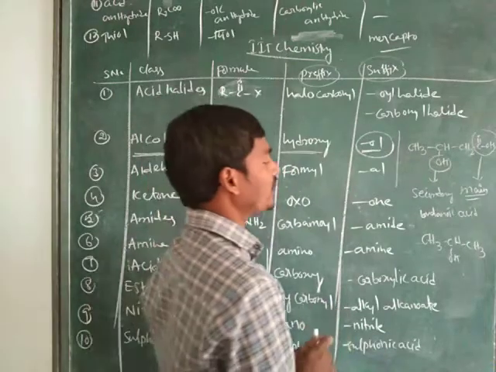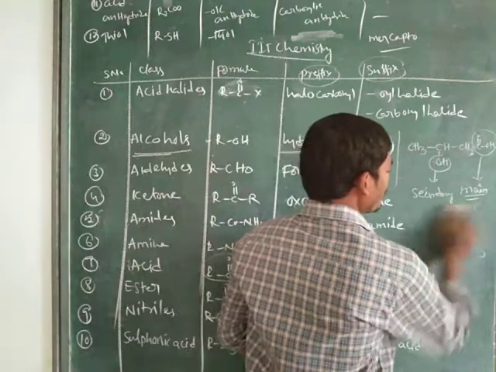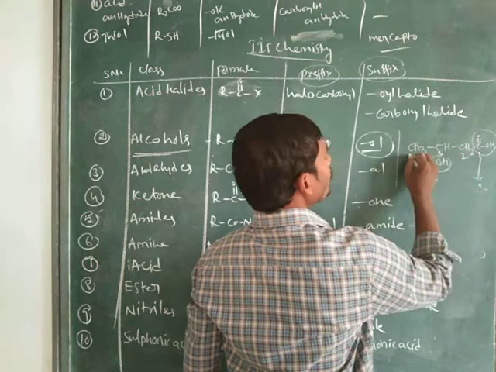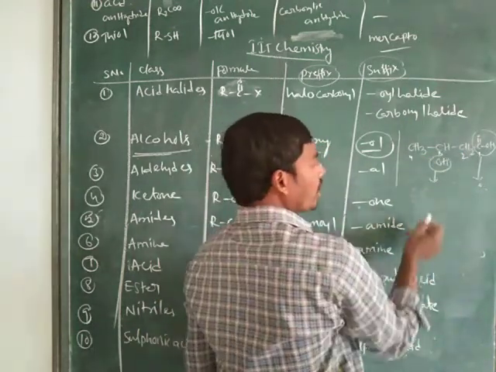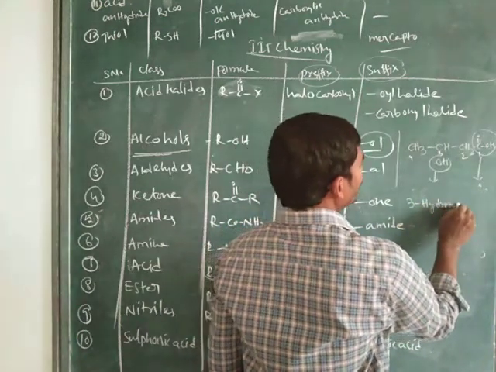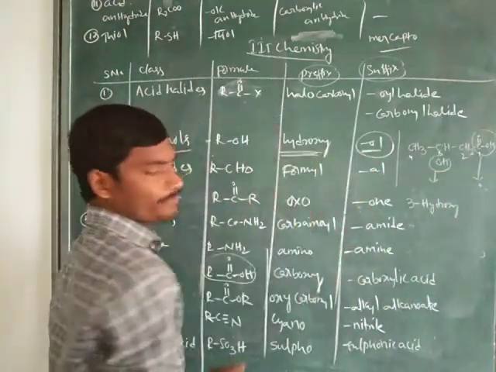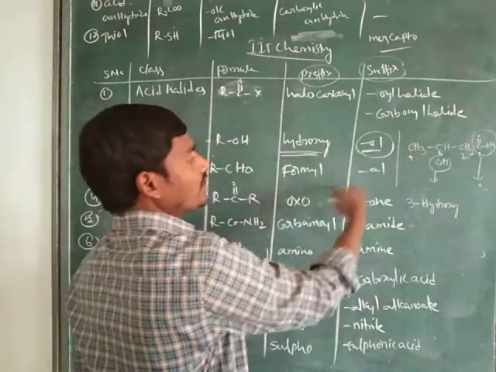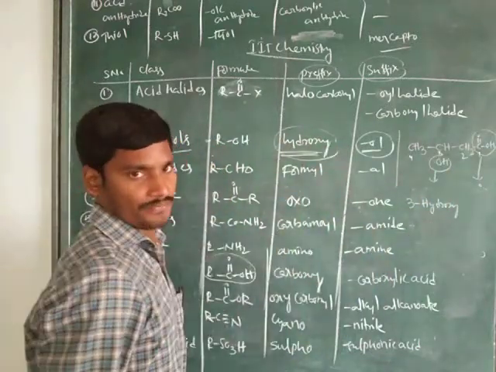How can you write it here? First position 1, 2, 3, 4. At the third position we have the alcohol functional group, that means 3-hydroxy. Here we use hydroxy as a prefix. If it is the main functional group, we use it as a suffix. But here we take the alcohol as a secondary functional group, so we use hydroxy. Right children?